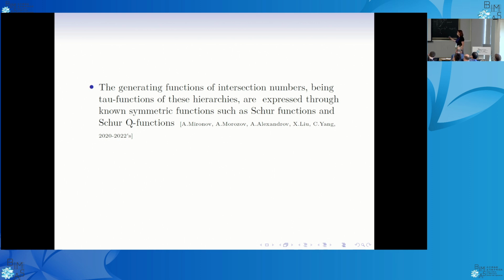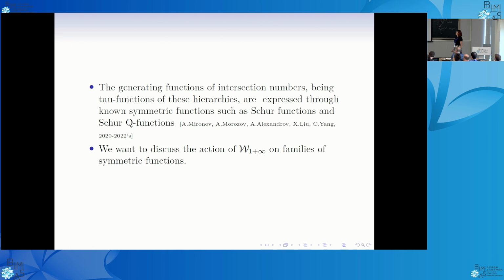Here are at least some people who worked on this recently. In some of these approaches, they again use the symmetries which come from W1 plus infinity to show how these expressions work. I will mention a little bit more later in this talk when I have an explicit formula to cite.